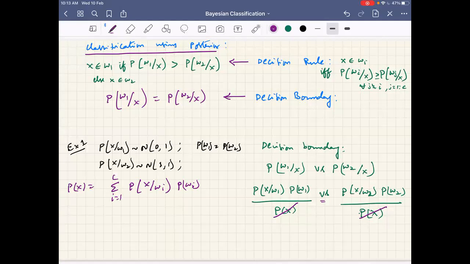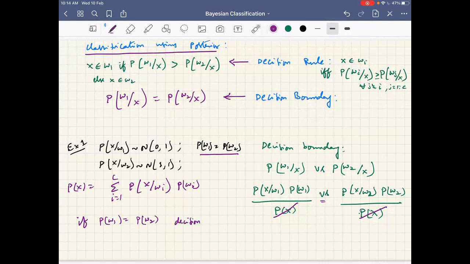So now in the case where p of omega 1 equals p of omega 2, can you make a general rule? Can you give any inference in that special case? Can you tell anything between the decision taken with posterior versus the decision taken with likelihood?